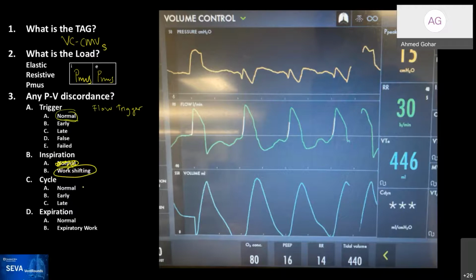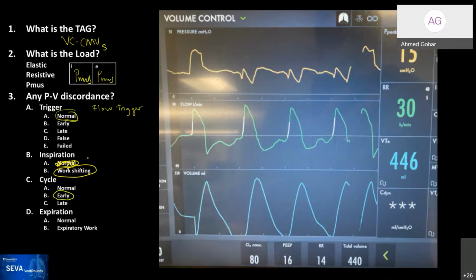That's almost a failed trigger. It is not very proximal to the end of the breath, but as well, if you look at the peak expiratory flow, it is variable, which makes me feel that the PMOS is going from inspiration bleeding into expiration. So I'm gonna go with early cycling here.